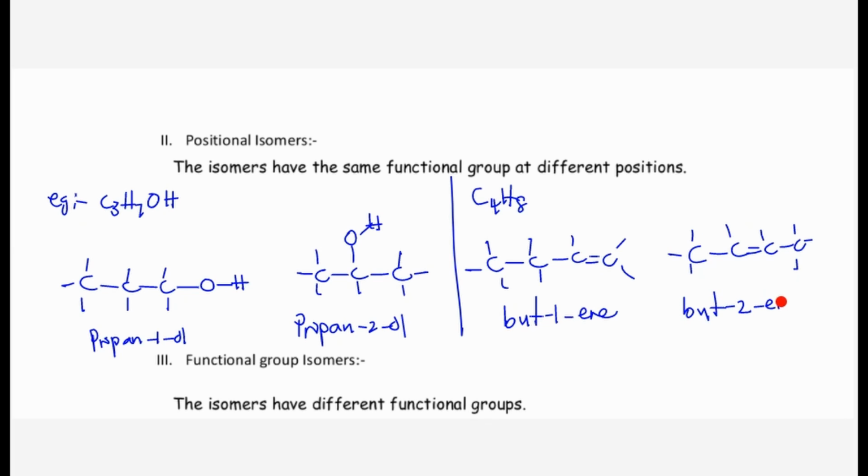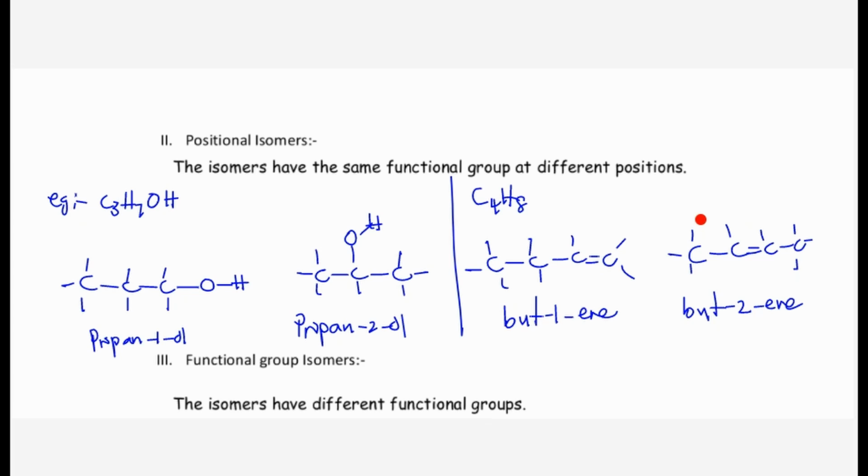You can see here, of course, the carbon-carbon double bond is the functional group that decides the chemistry of the molecule. You can notice the double bond is on the first carbon in but-1-ene and on the second carbon in but-2-ene. So the position of the functional group differs in positional isomers.